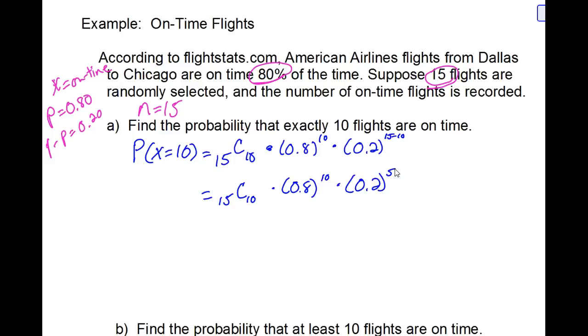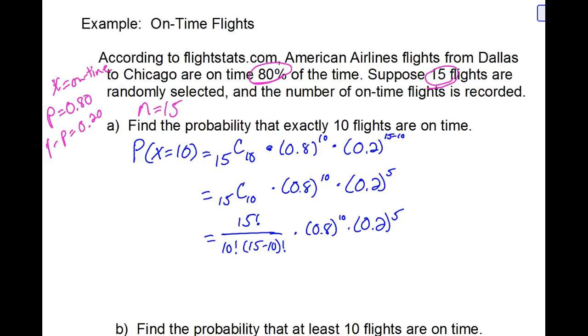Now, if you recall, this combination of 15 choose 10 is the same thing as 15 factorial over 10 factorial times 15 minus 10 factorial, times our 0.8 raised to the 10th times 0.2 raised to the 5th. You can do this out by hand, or you can use your calculator using the PRB button.